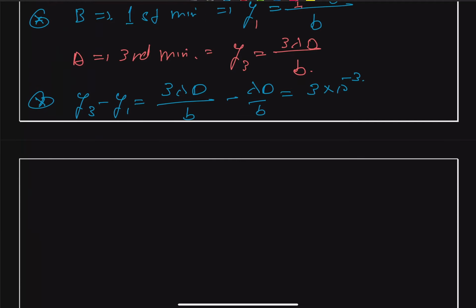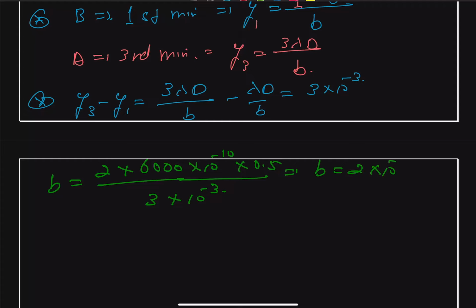Therefore, we can write that B will be equal to 2 lambda D by the difference. So we can write this as 2 into 6000 into 10 to the power minus 10 multiplied by 0.5 and divided by 3 into 10 to the power minus 3. And this gives us that B is equal to 2 into 10 to the power minus 4 meters.